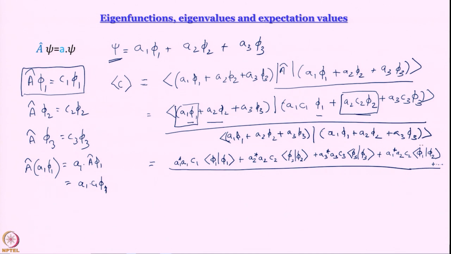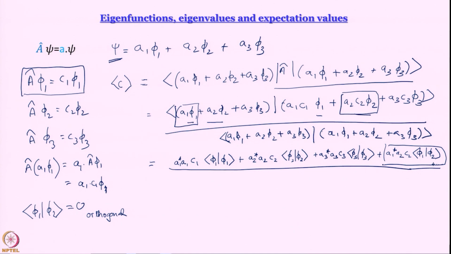The problem is the integral of phi 1 phi 2 over all space is actually 0. Why? Because these are the wave functions that we have defined, phi 1, phi 2, phi 3 are mutually orthogonal. So, the only terms that will survive are the ones on the top. These other terms that I have written out are going to be 0.